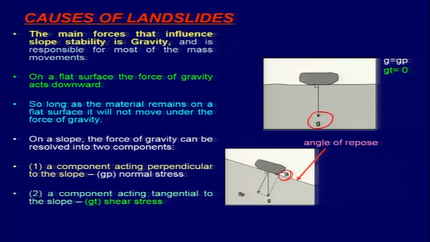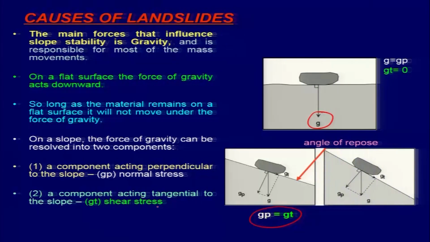This is also termed as angle of repose. So here in this case, Gp is almost equal to Gt. Of course, here it has been shown with an arrow which is smaller, but if no slip is occurring here, then in that situation Gp, your normal stress, will be equal to Gt, your shear stress.